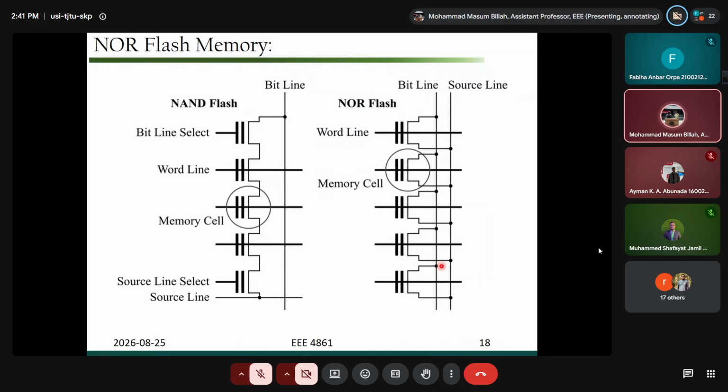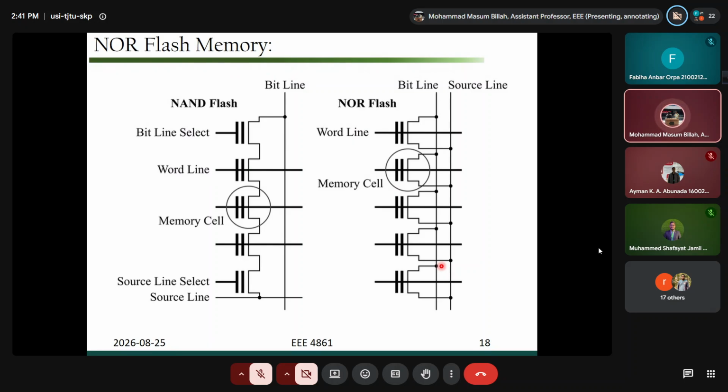Whereas in NOR flash memory, you provide certain voltage in the source, certain voltage in the drain, certain voltage in the gate, and certain voltage in the substrate, so that you can store some data.